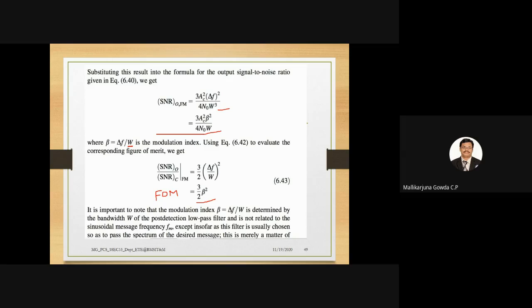Beta is the modulation index, right? So compared to either DSB-SC or AM receivers, the figure of merit for FM receiver is higher than 1, right? In that way, we say the performance of the FM receiver in the noise is superior compared to any other receivers. Is this clear?